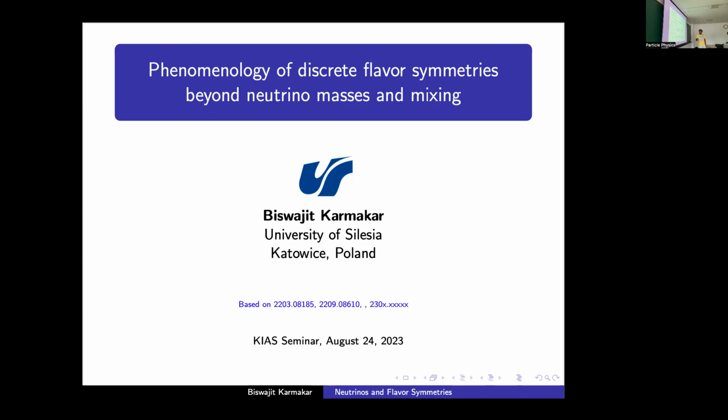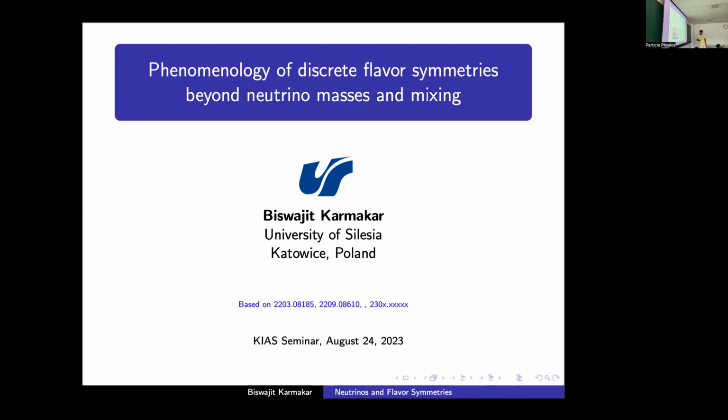In addition to that, if neutrinos are Majorana particles, there will be two more phases. And the magnitude of this matrix is something like this, which is quite different from the quark sector. In this talk, we will concentrate mainly on this lepton mixing matrix.